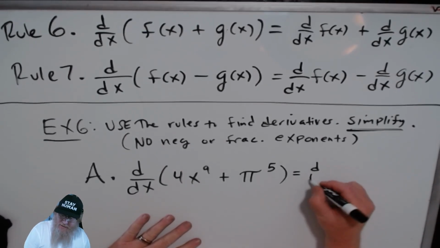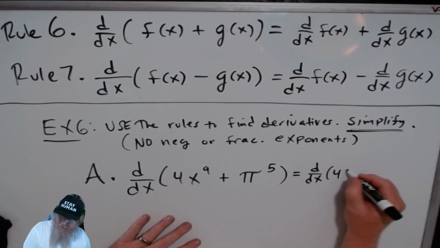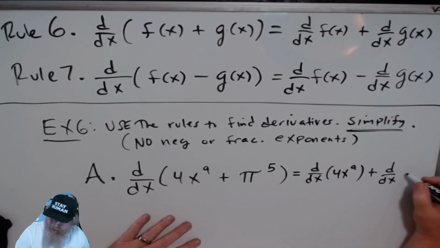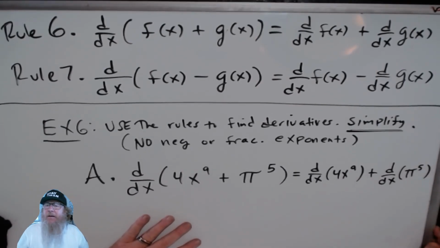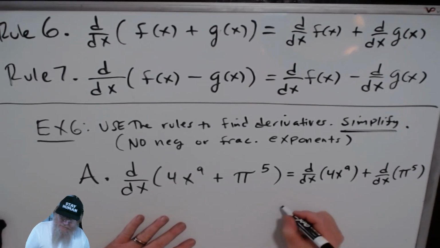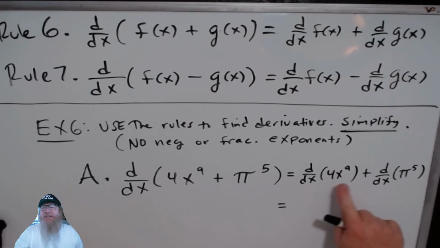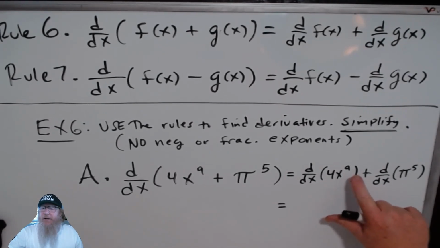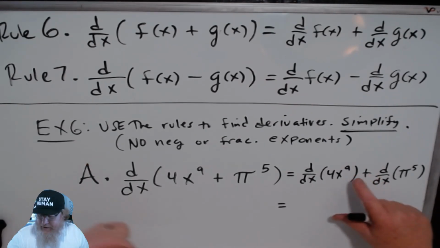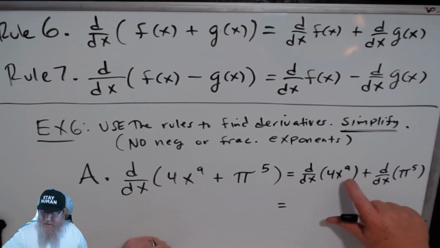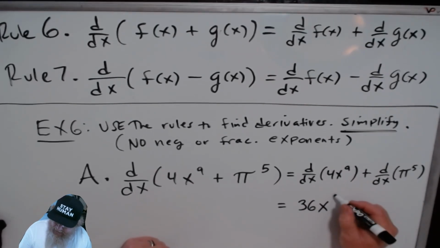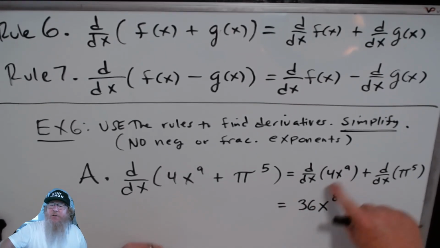So that's going to be the derivative of 4x to the 9th plus the derivative of pi to the 5th. Now I'm skipping all the steps because we've already done it, and we're running long on time. I try to be efficient, but I excel at going on and on. 9 times 4 is 36, x to the 8th. Again, it's just a repeat of what we've already done.